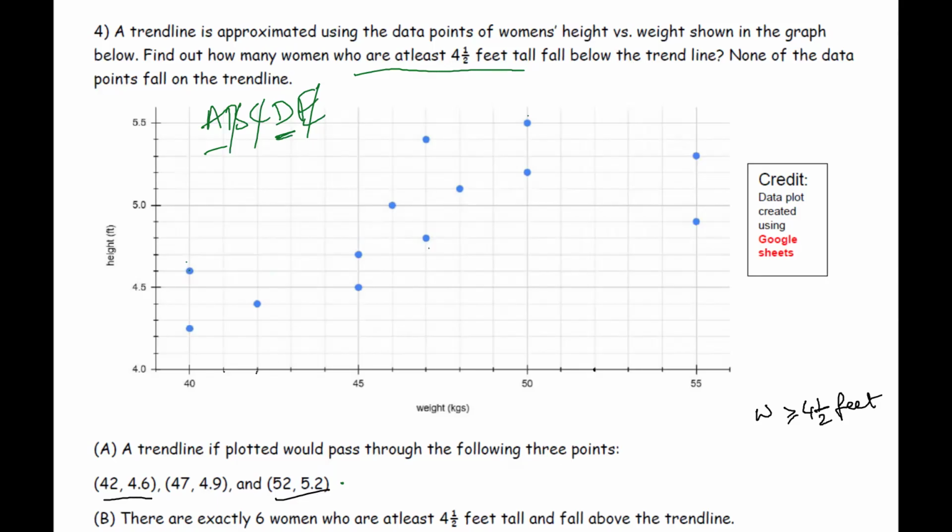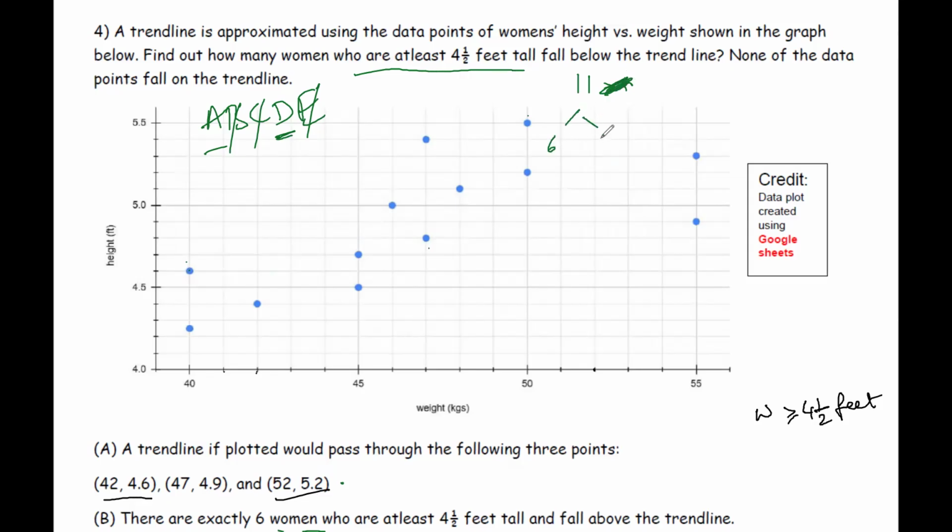and there are exactly 6 women out of the 11 who are at least 4.5 feet tall and fall above the trend line. So out of the 11 women who are at least 4.5 feet tall, 6 fall above the trend line.